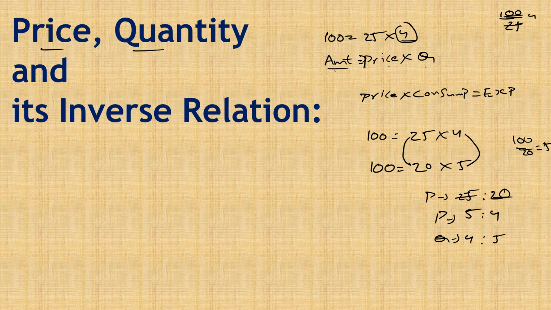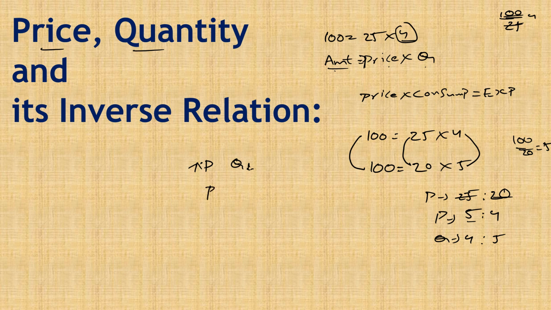You can clearly observe one thing, that the ratio of price is inversely proportional if the expenditure is same. You can derive here one relation, that is, if the price is increasing, the quantity you get decreases.